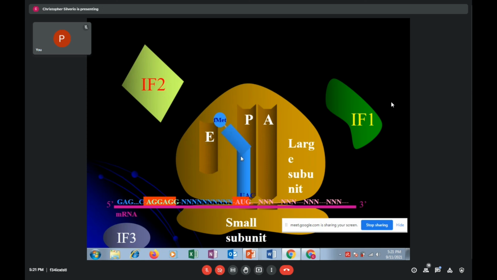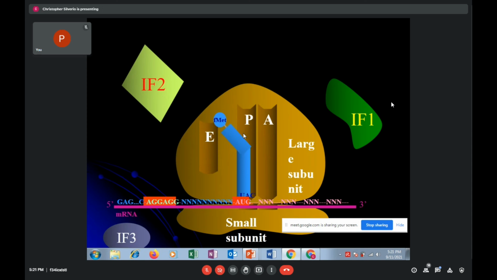This transfer RNA carrying the methionine started by binding into the A site. And then what will happen? It transfers to the P site.